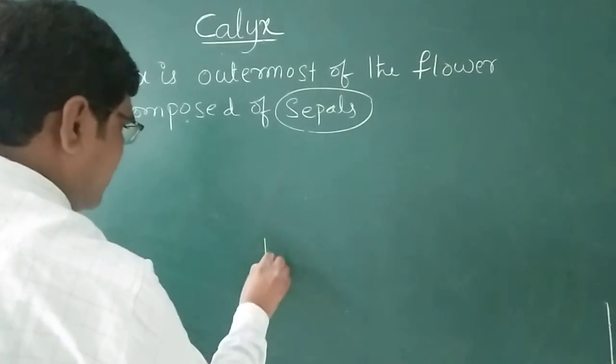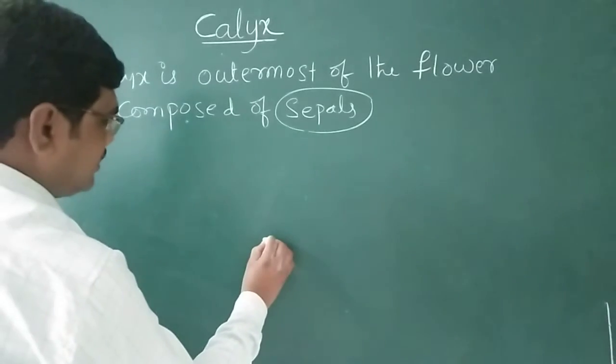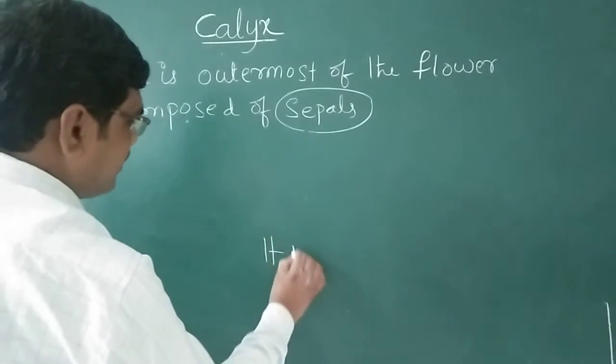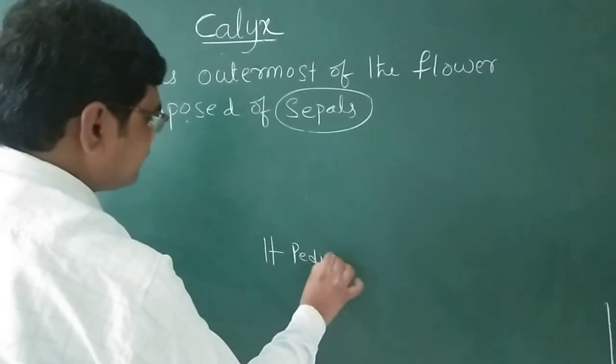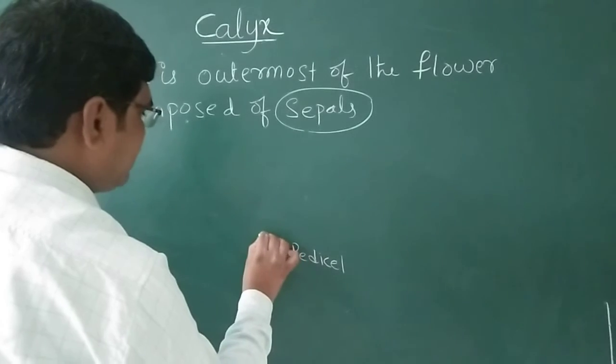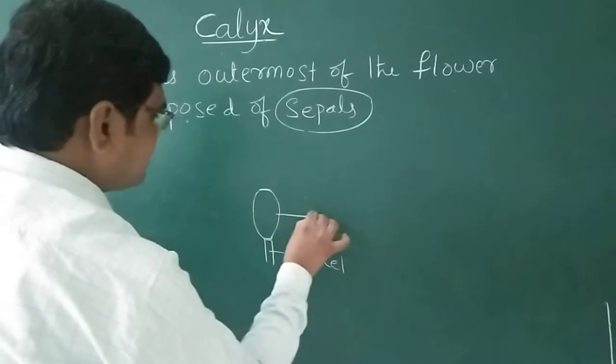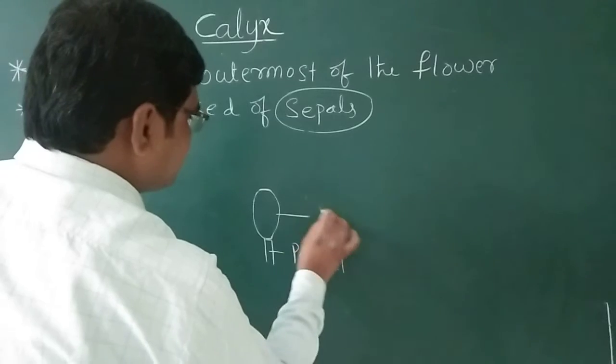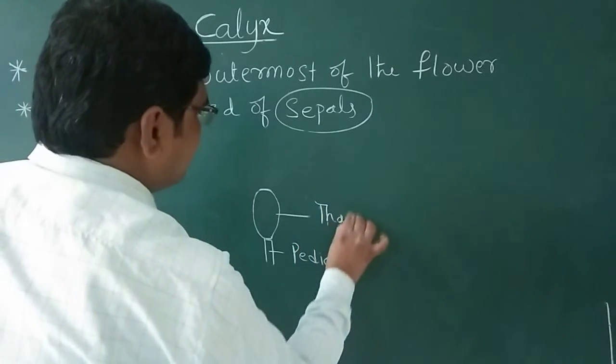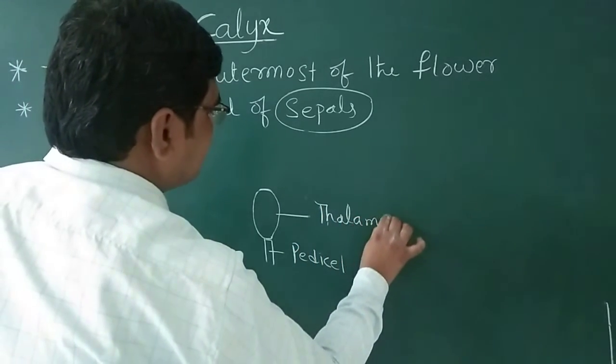See, this is the pedicel. On the pedicel, a small swollen structure is there. This is called the thalamus.